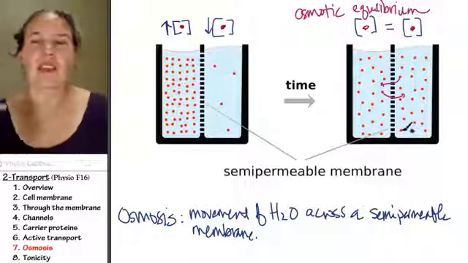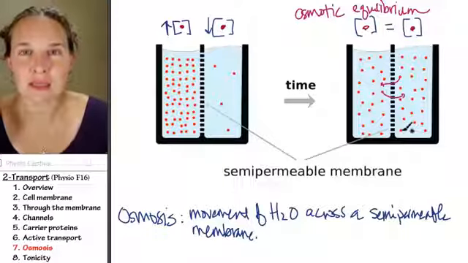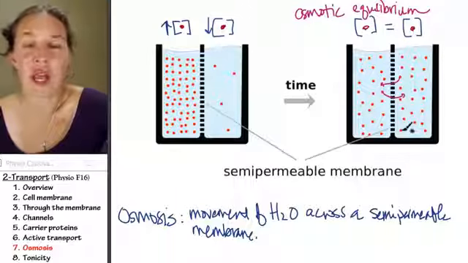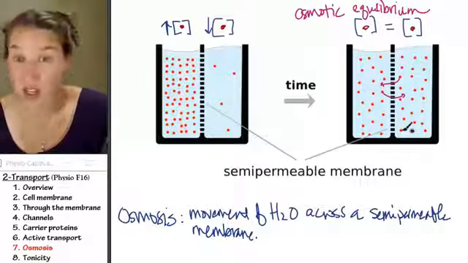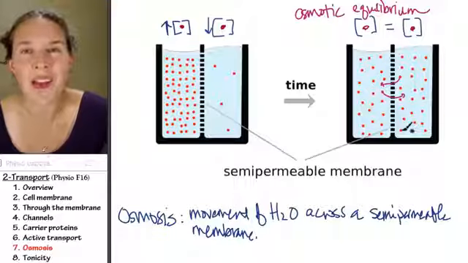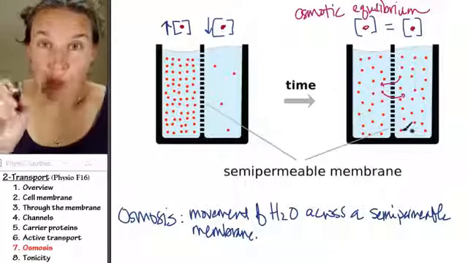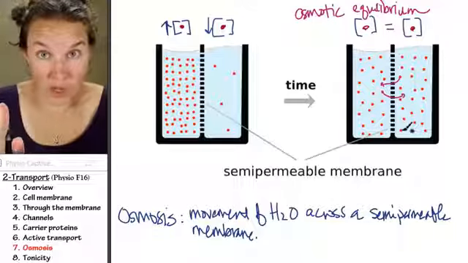There was no osmosis that happened here. Did water move? Well, water's totally moving, but there's not a net movement of water in this situation. Why? What moved? Particles moved. Does that work?